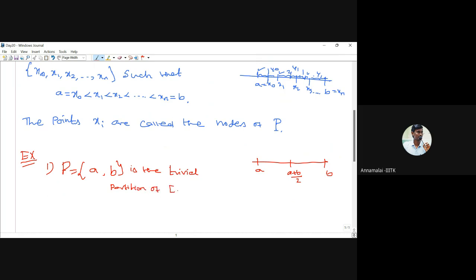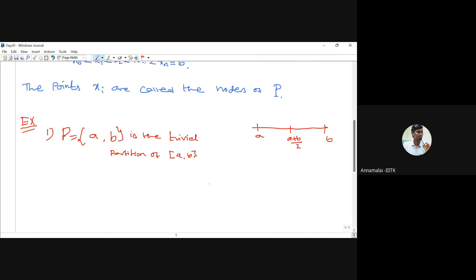If you take a, (a+b)/2, and b, these three points are also a partition. Another partition, call it Q, is (a+b)/2 and then b. These are partitions of the same closed interval [a, b].